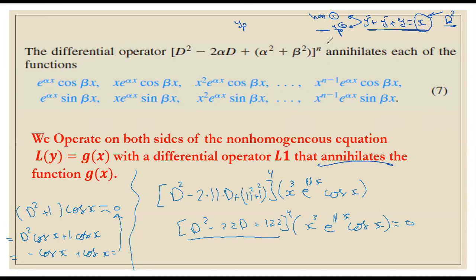So let me write here, if I apply the differential operator d squared, which I found, to my differential equation, I have now d squared of y double prime plus y prime plus y equal to d squared of x. Am I right here? Now d squared of x, this one is what?